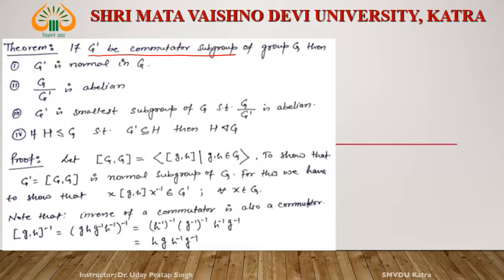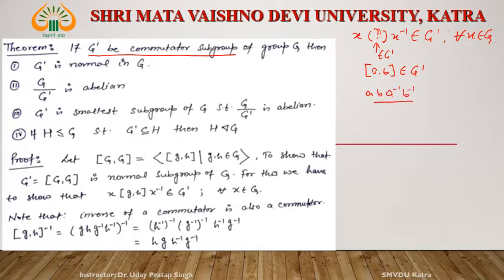For this we have to show that x G prime x inverse belongs to G prime for all x belonging to G. G prime has elements of the type [a, b], that is a b a inverse b inverse.